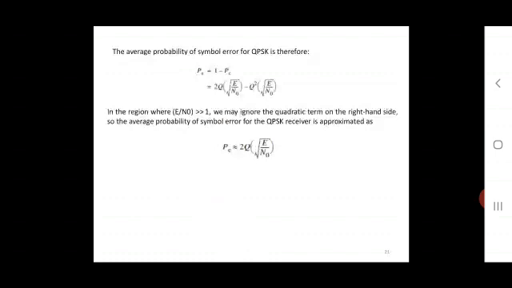In the region where E by N0 is greater than 1, we may ignore the quadratic term on the right hand side, so the average probability of symbol error for the QPSK receiver is approximated as Pe = 2Q(square root of E by N0). This is the approximated value in QPSK transmission.